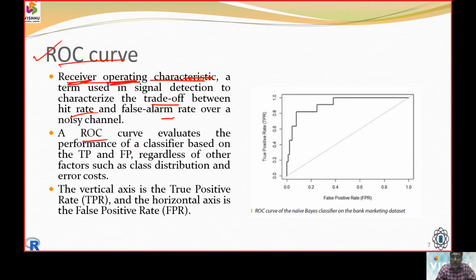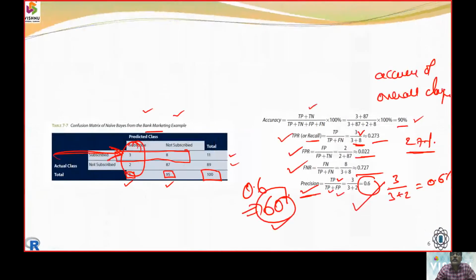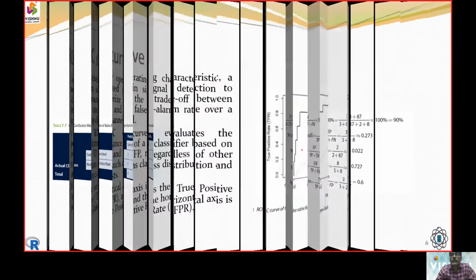Now, as a part of data science, we apply this ROC curve to machine learning algorithms, especially classification algorithms. If the classifier performance is good, we need to bring the ROC curve between the true positive rate, that is recall, and the false positive rate.